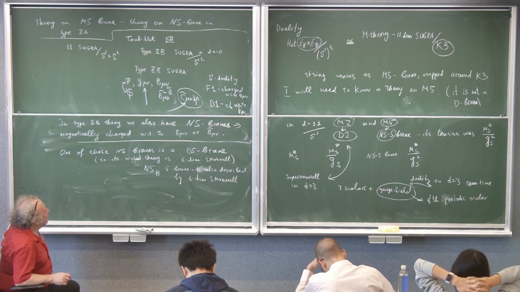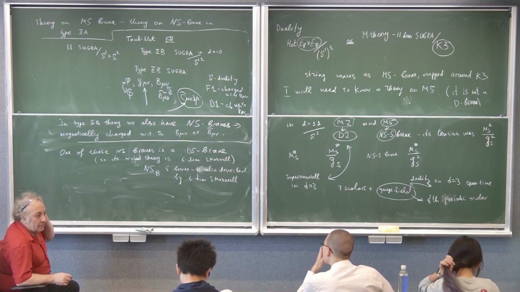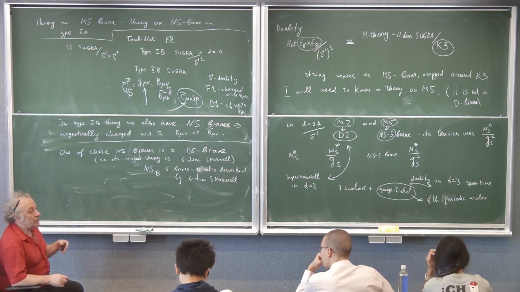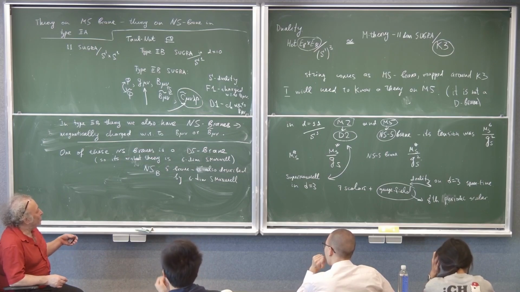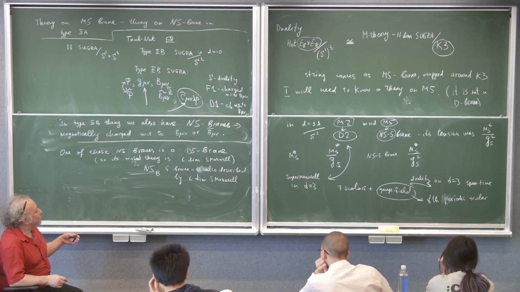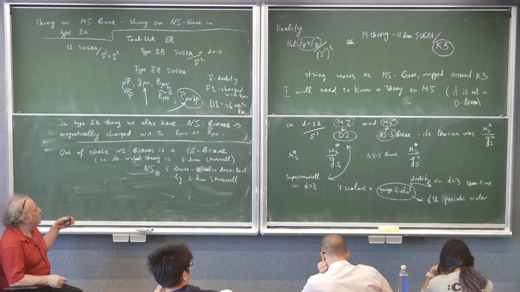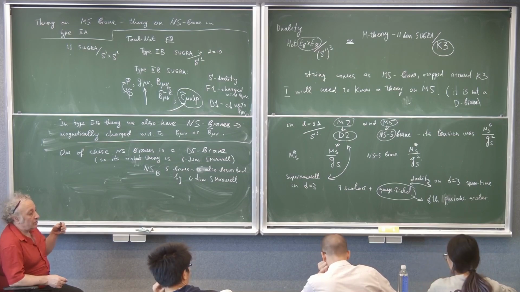So how to study all this? The way to study all this is to try to find a configuration where NS5 branes of type A would appear.